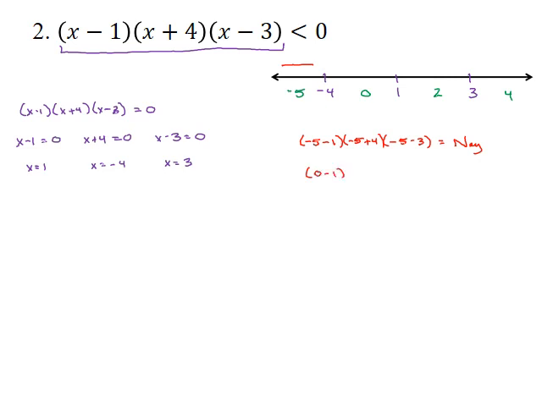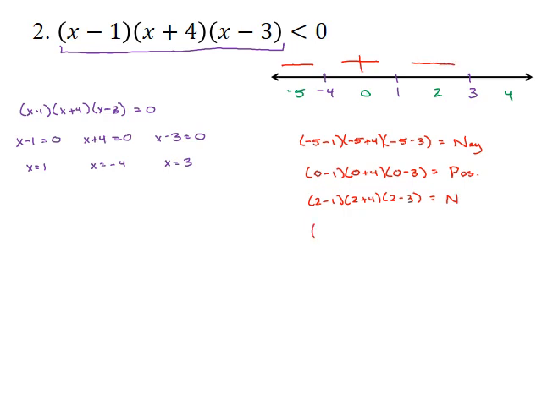Plugging in 0, you'll get 0 minus 1 times 0 plus 4 times 0 minus 3. So that would be a negative number times a positive number times another negative number, which makes this a positive number. So that's plus for me. Plugging in 2, this is 2 minus 1 times 2 plus 4 times 2 minus 3, which is a positive times a positive times a negative, which makes this a negative number.